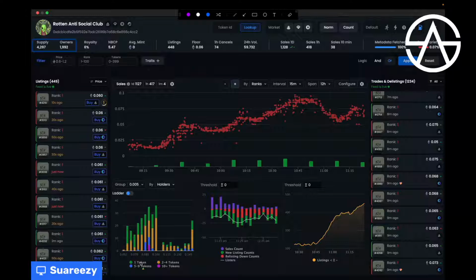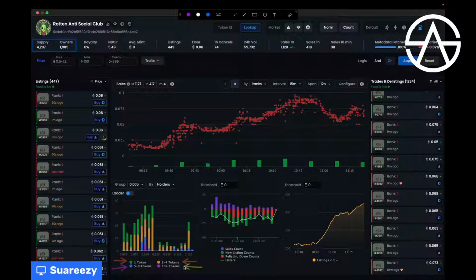So that's going to direct me to this chart down here. Notice we have these color combinations with the green, the orange, the blue, and the purple. This tells us the amount of tokens that people are holding. And that's what this ratio is telling us at this point.